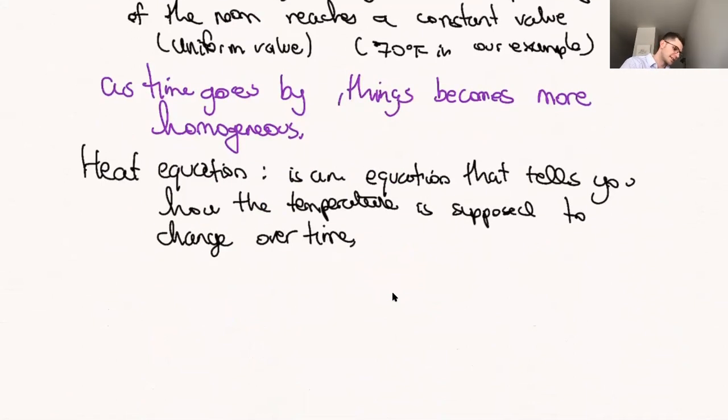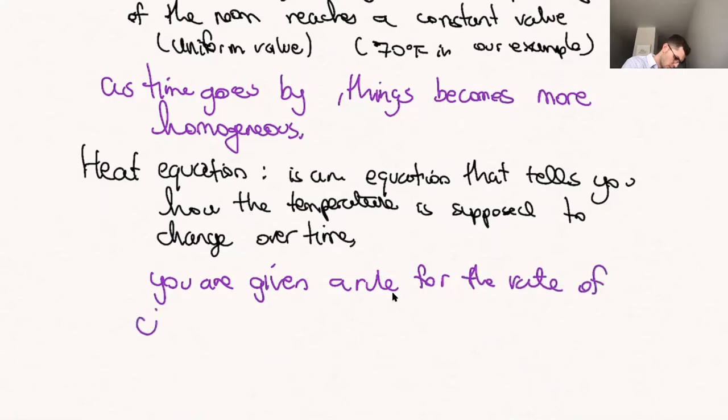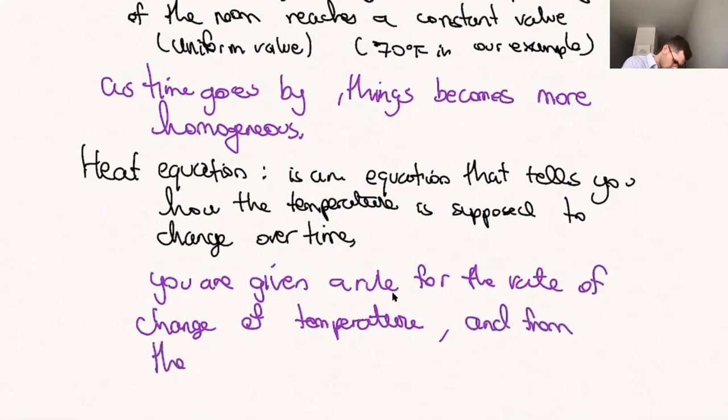So the basics are that you're given a rule for the rate of change of temperature, and from there you have to find the actual pattern of the temperature profile.